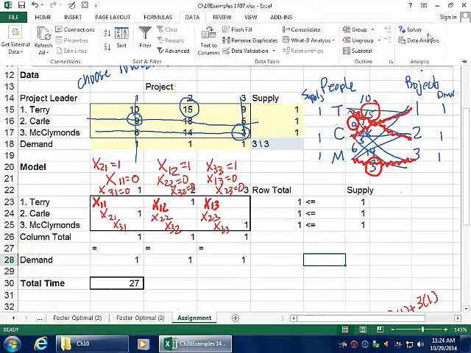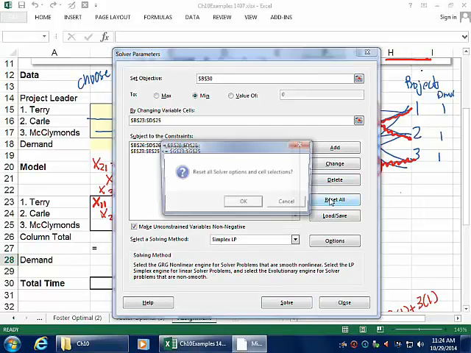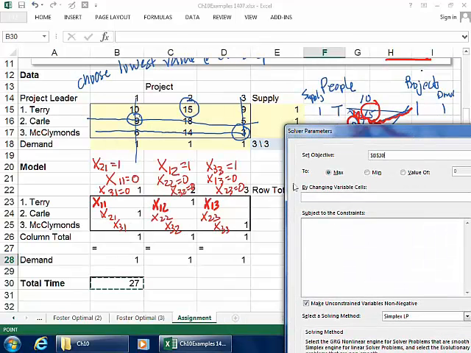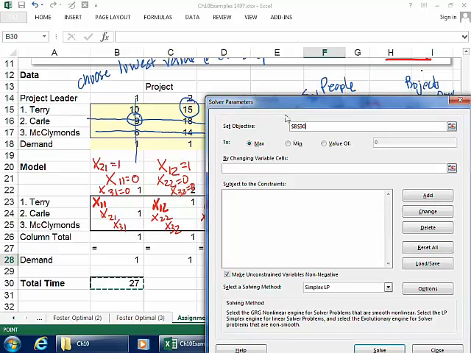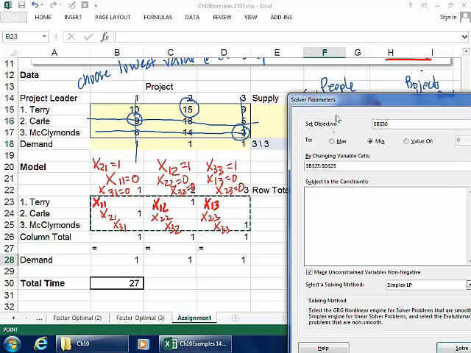So go with Solver, and as a practice, we'll do it over. The objective is over here, and we want to what? Max or min? Min, right. So we want to minimize, and the changing variable cells are the second table, the x variables here.